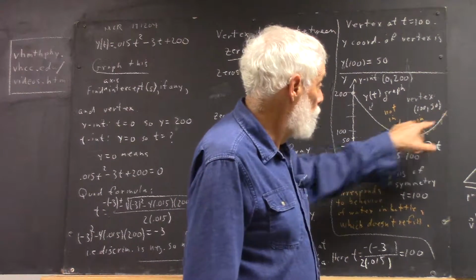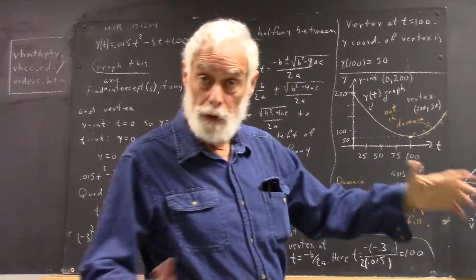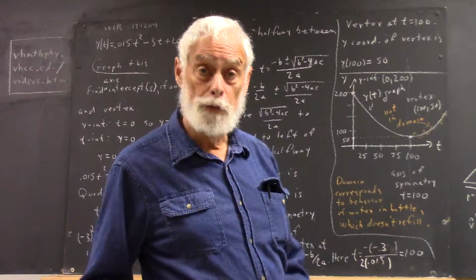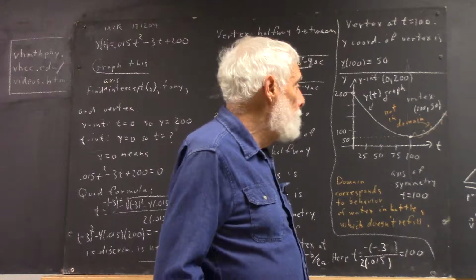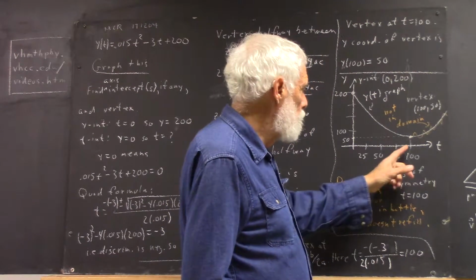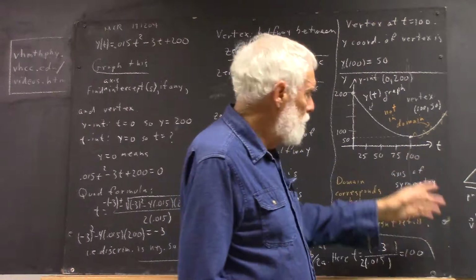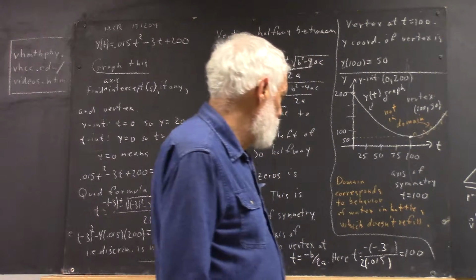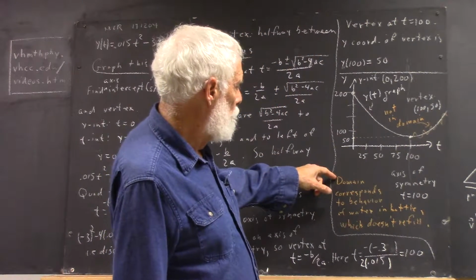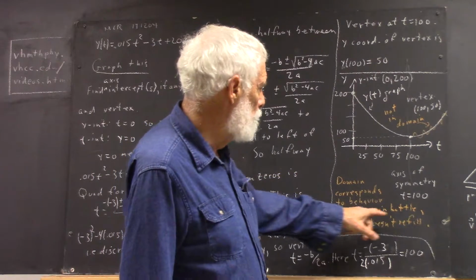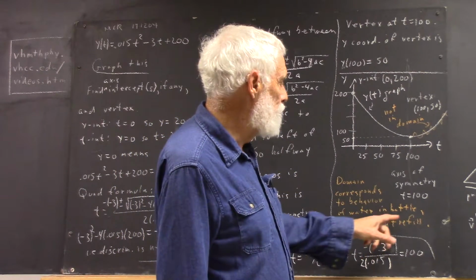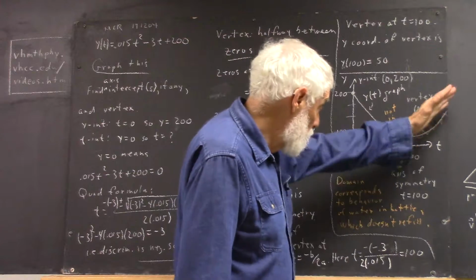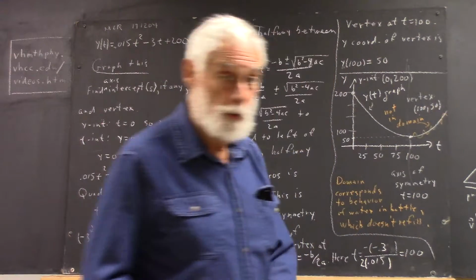So this part of the curve is not in our domain. It's not relevant, and we don't want to be confused by solutions we might get for t values greater than 100, because no t value greater than 100 is in the domain. Okay? So I make the note here, the domain corresponds to the behavior of water in the bottle, which doesn't refill. That's why I cross out that part of the parabola.